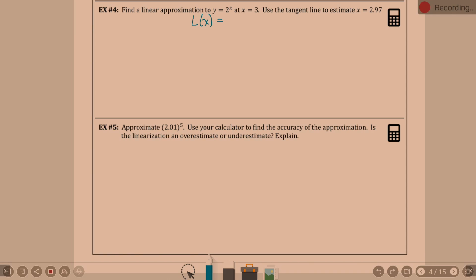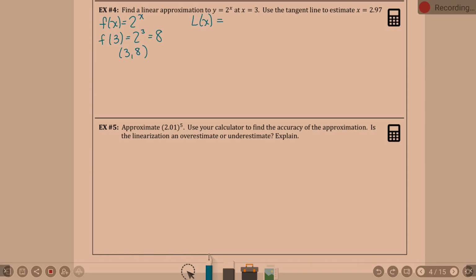So if we're doing this at x equals 3, right? I'm going to say f of x equals 2 to the x, so then what do we know about f of 3? That's going to be 8. So the ordered pair of 3, 8.